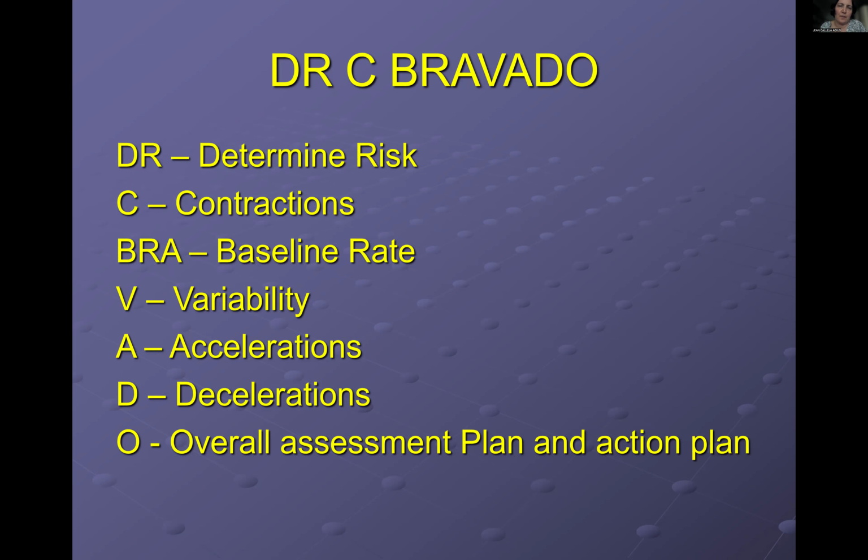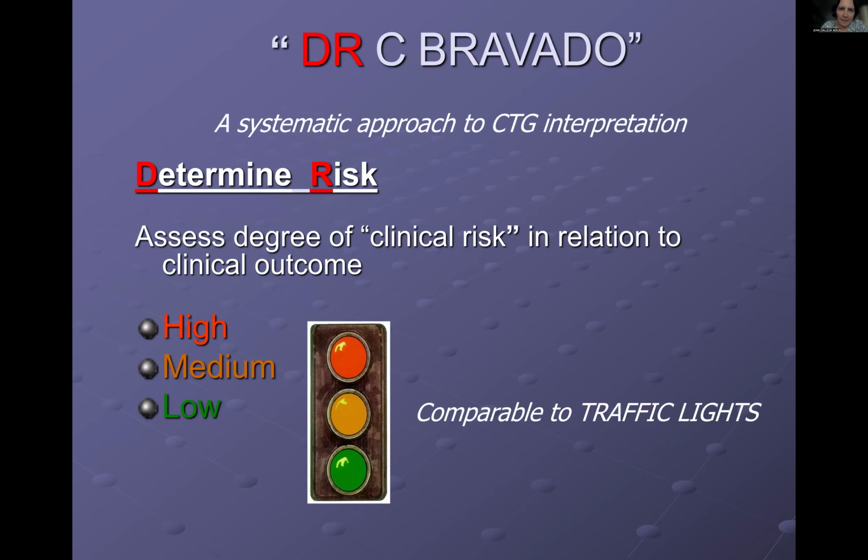So the DR, as I said, stands for determining risk. So are we dealing with a high clinical risk? Is it a low clinical risk? Is it a medium where you need to watch them more closely? As I said before, if it is low risk, so the mother or the fetus or the labor, there's nothing to worry about.